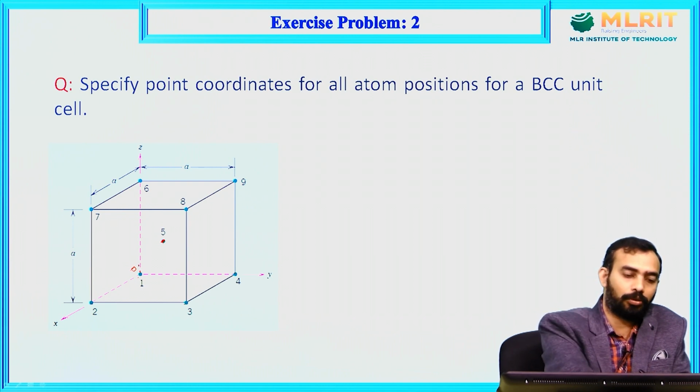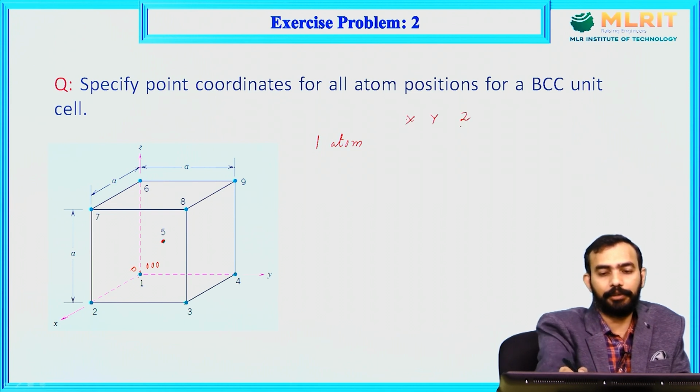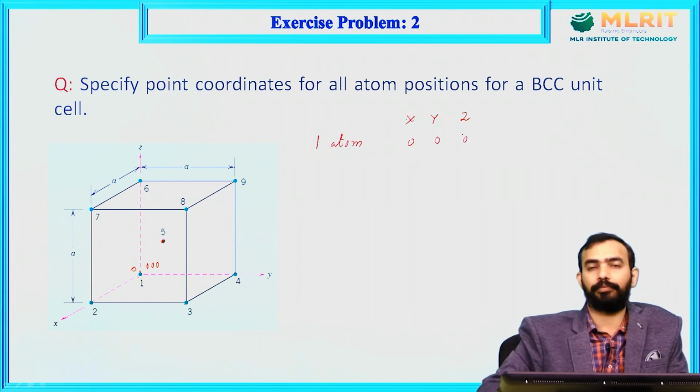So the coordinates are 0, 0, 0 for atom position 1. We will try to tabulate it: in x that is 0, y is 0, and z is also 0.